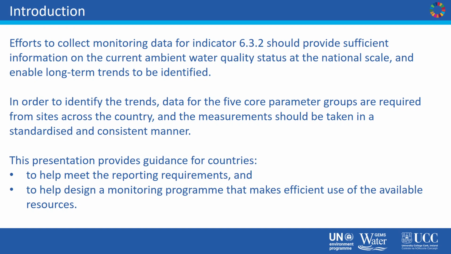You need data from sites across the country, and measurements should be taken in a standardized and consistent manner. This presentation provides guidance for countries to help meet those reporting requirements, and it focuses on monitoring program design that makes best use of available resources.